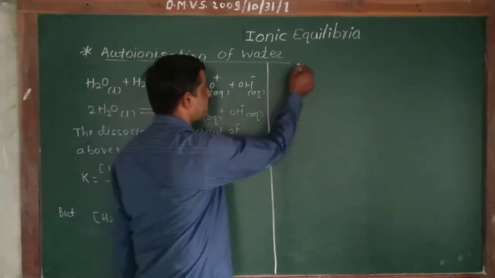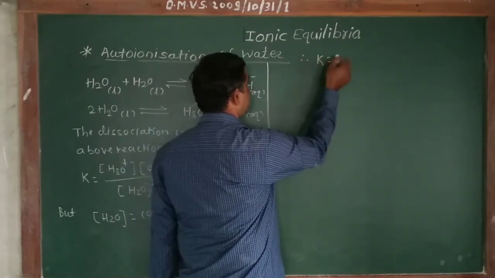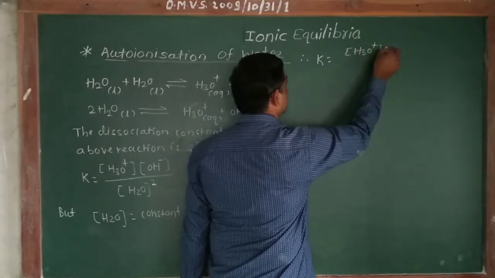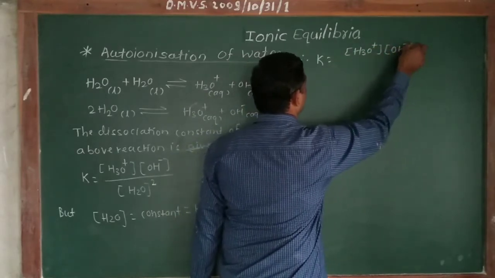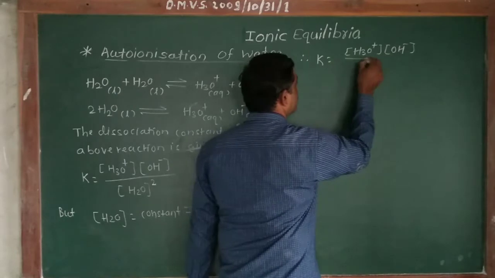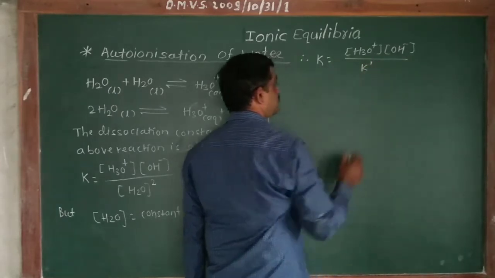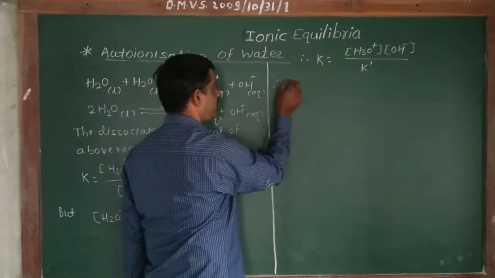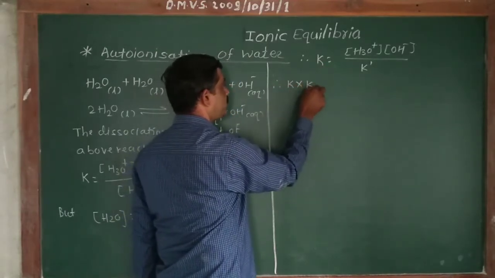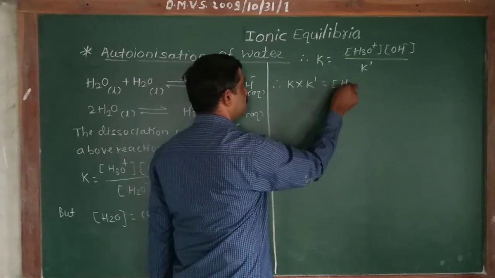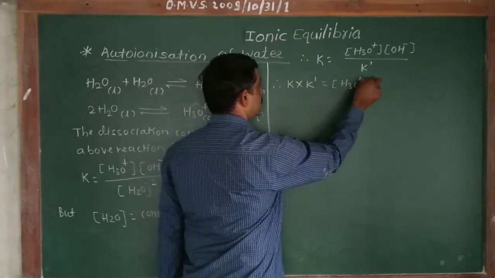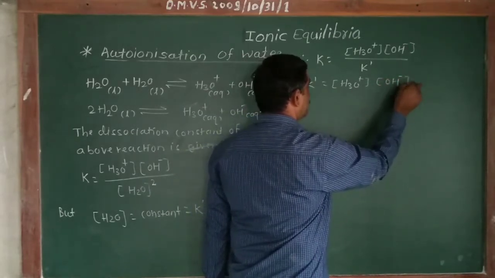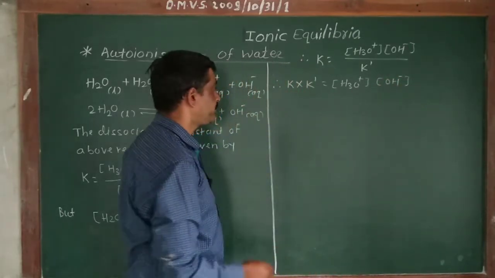Now we get the equation K is equal to concentration of H3O plus ions into concentration of OH minus ions upon K dash. So when you take this K dash on this side, we get K into K dash is equal to concentration of hydronium ion into concentration of hydroxide ion.